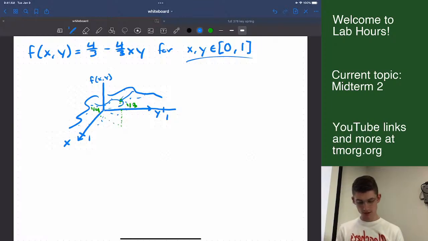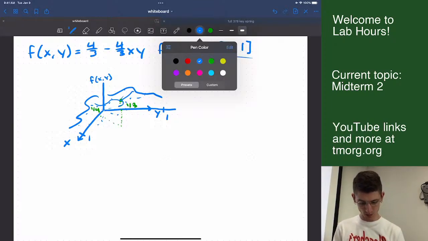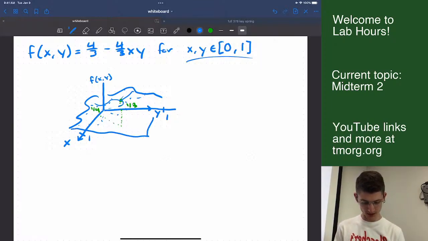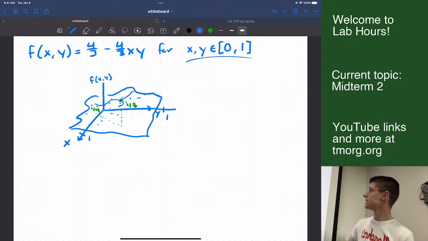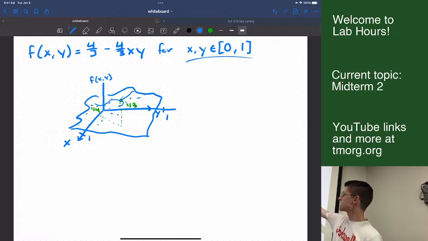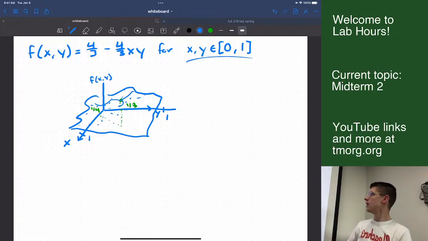So here's a fun little question for you. We have this surface that is f of xy. It extends across the bounds of x and y, and it's raised because every combination has some kind of probability to it.